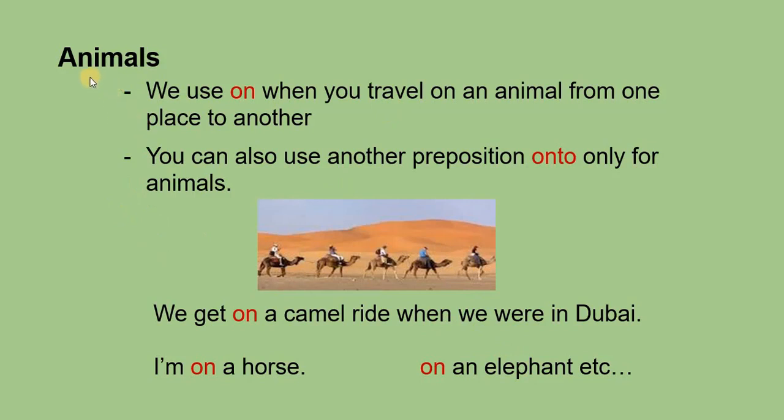guys. Now, it's not just vehicles, yes? There are people also. They're on the horse or on a camel. Yes. So for animals, we use on when you travel on an animal from one place to another. You can also use another preposition onto only for animals.